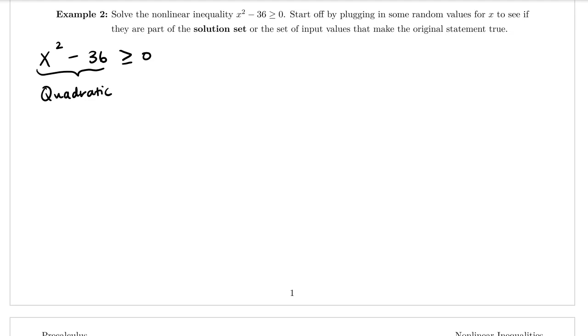So I'm going to go ahead and plug in some values. Let's say we want to check if 0 is in our solution set. So anywhere I see an x, I would replace it with 0, and I would simplify this expression. 0 squared is 0, and I would subtract 36. 0 minus 36 is negative 36.